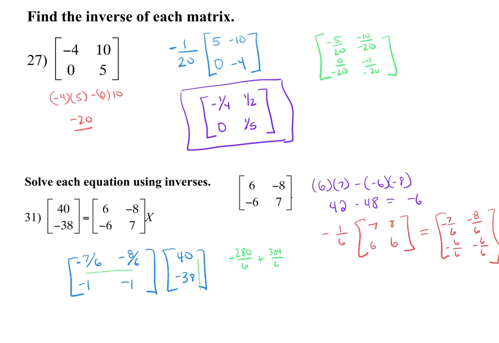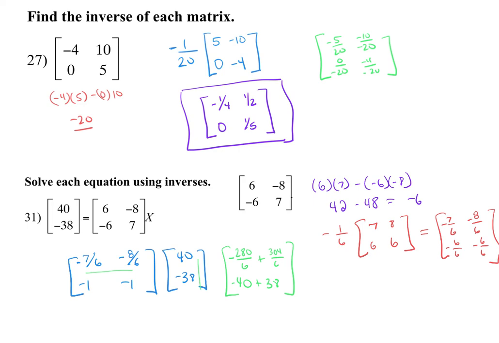So when you do this, remember you are adding there, right? And then we have a negative 1 times 40 plus your 38 there. All right.